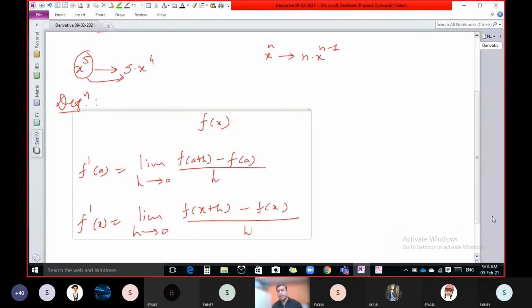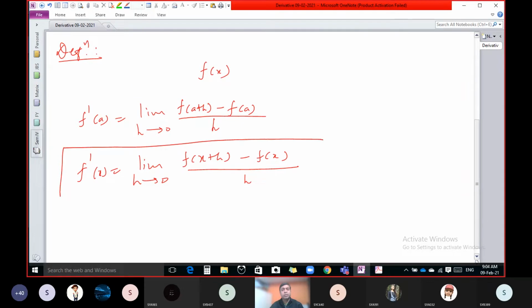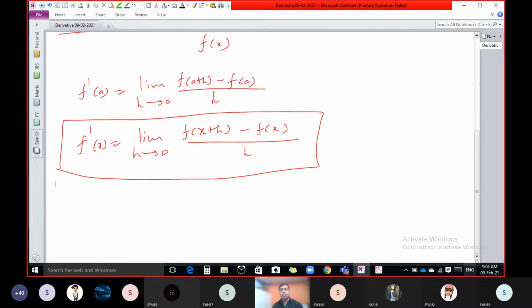This is the definition of the derivative of a function with respect to x. Now if there is a question, what is the derivative of x square?